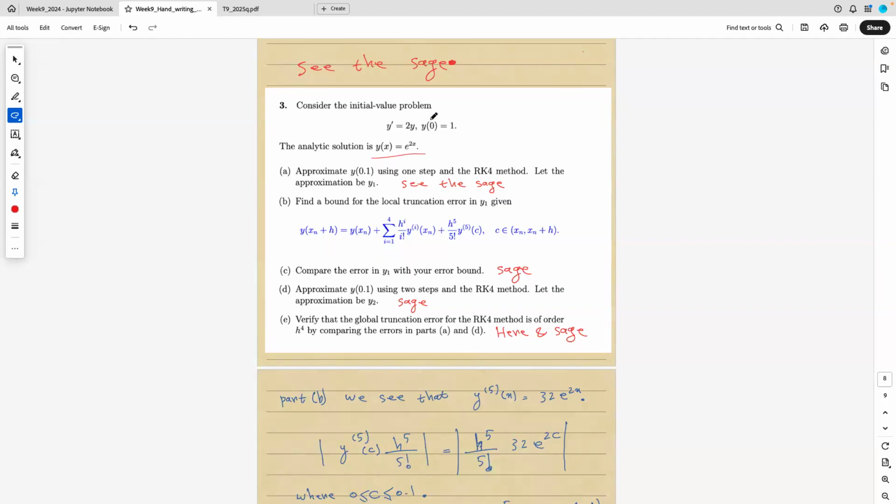The initial condition is that when x equals 0, y equals 1. Just one step. When it says one step, it means h should be 0.1, to get from 0 to 0.1. And use the Runge-Kutta order four method to approximate this.